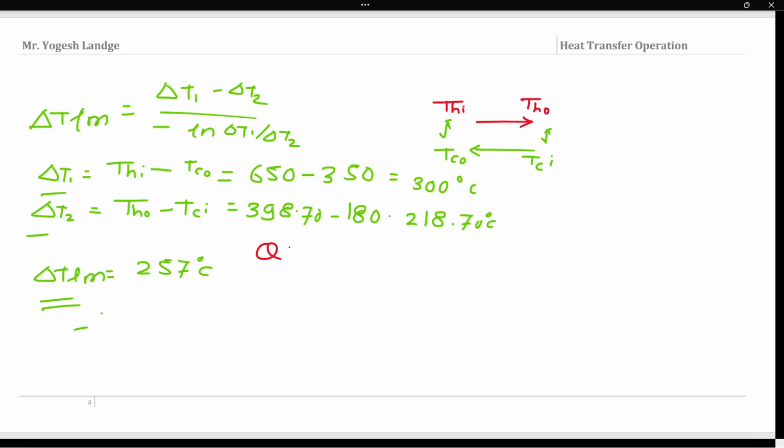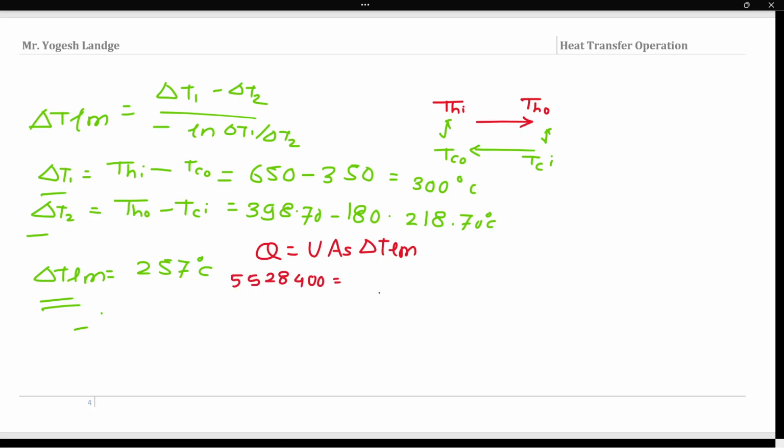Q is equal to U A delta TLM. The value of Q is with us, which is 5528400.